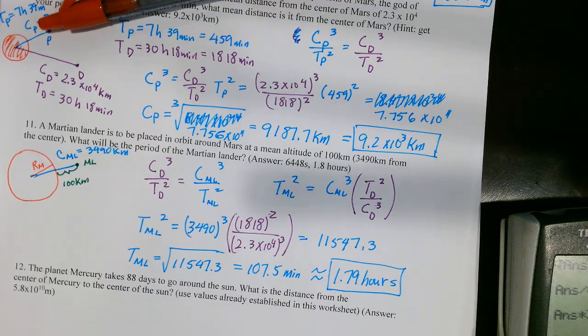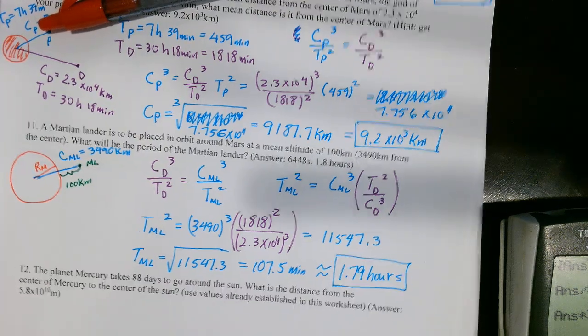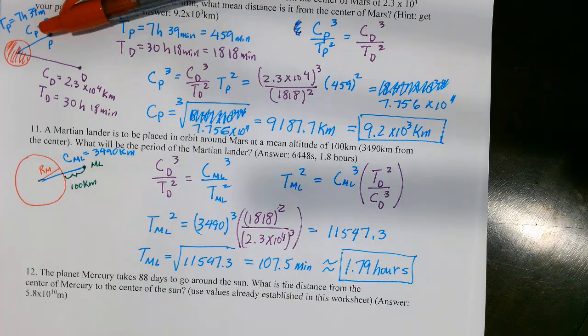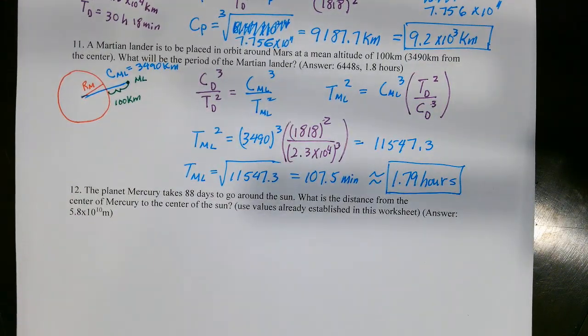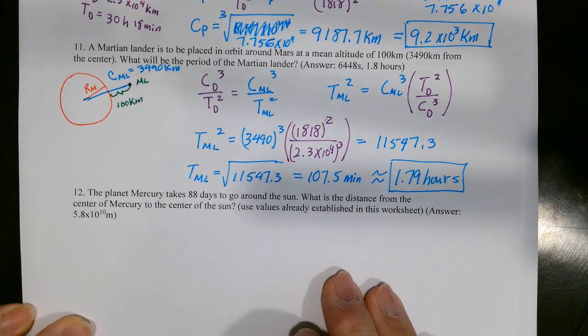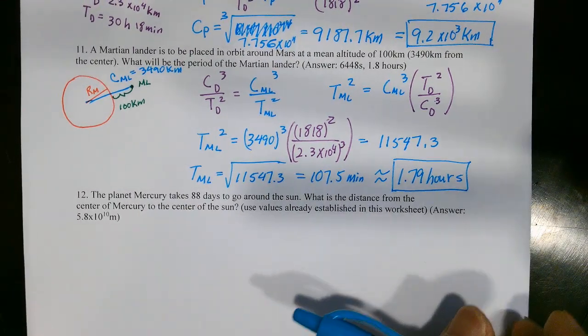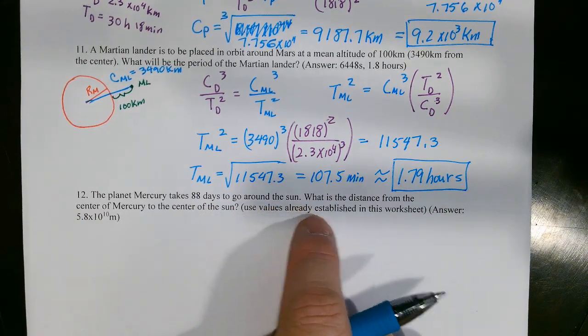Last one. All right, so the planet Mercury. The planet Mercury takes 88 days to go around the sun.